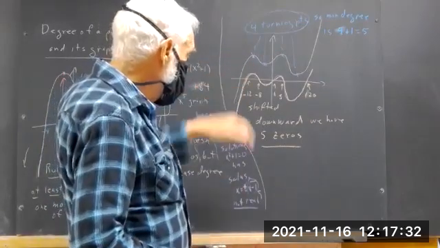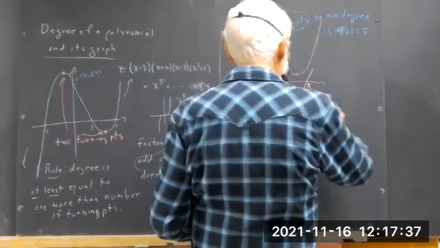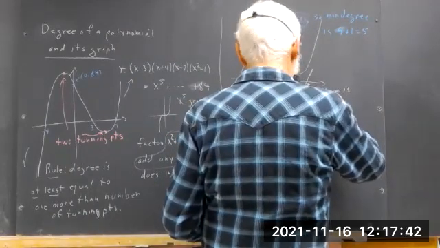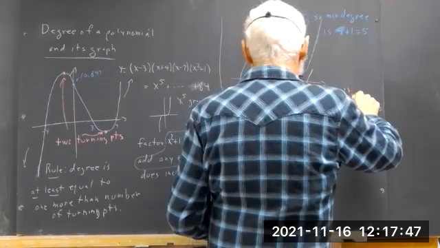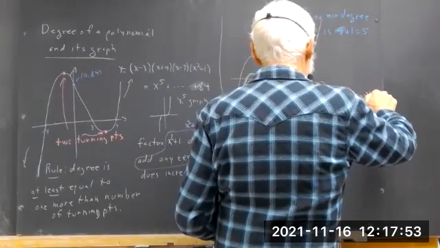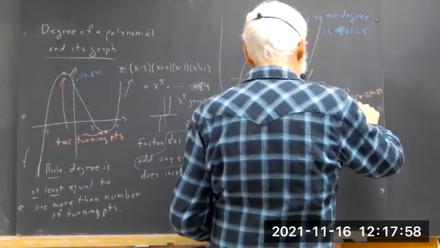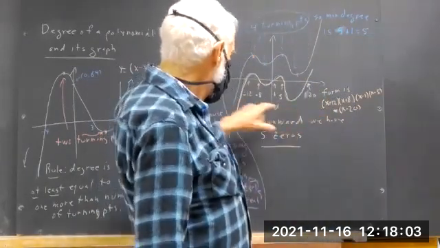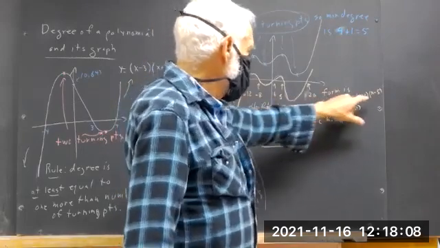Then this polynomial would have the form, it might be hard to read, it's rough, but this means you have an x plus 12, an x plus 8, an x minus 1, and so forth.